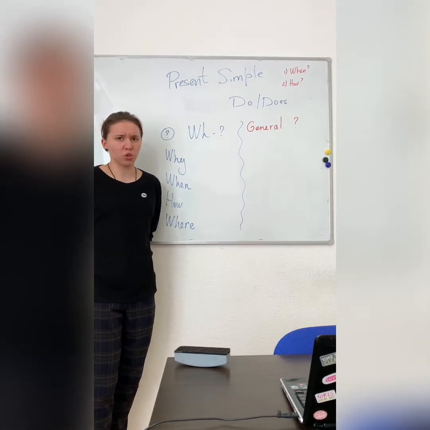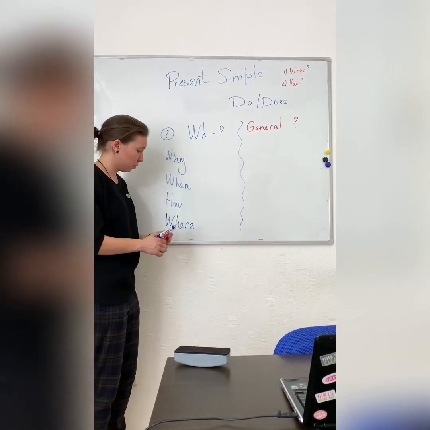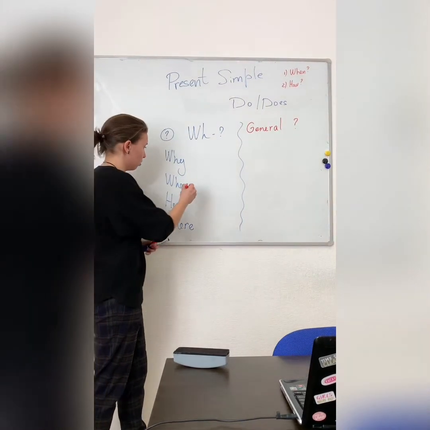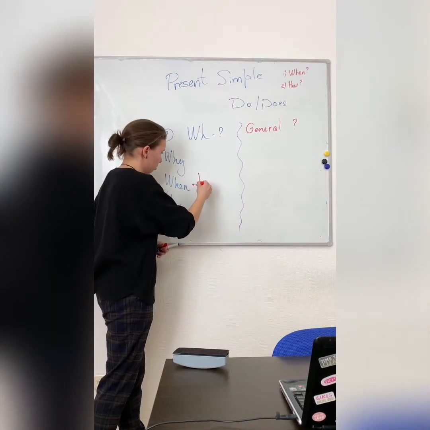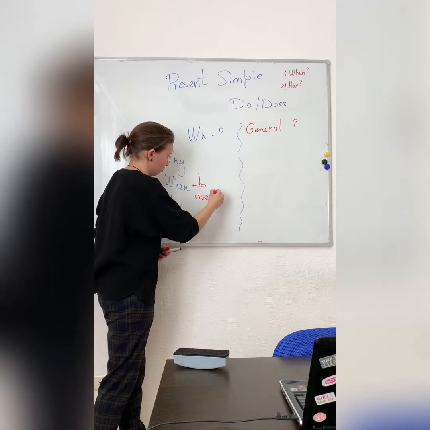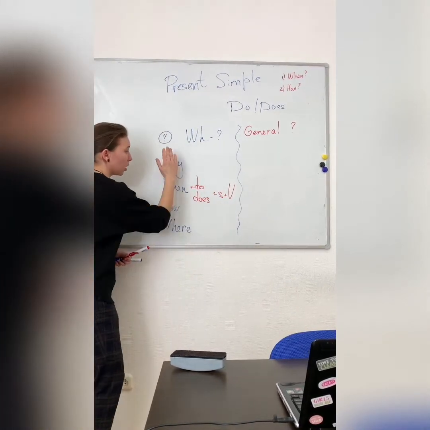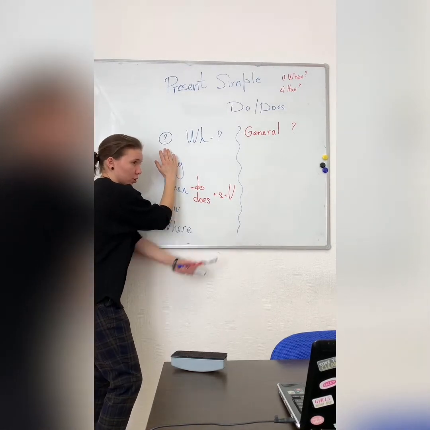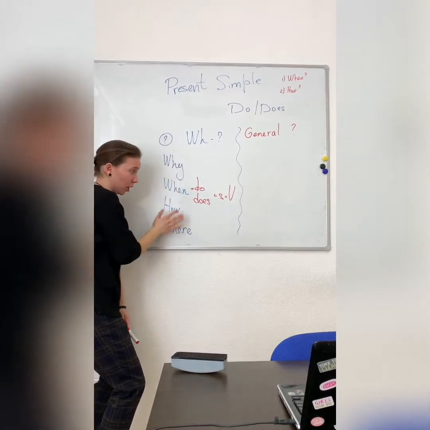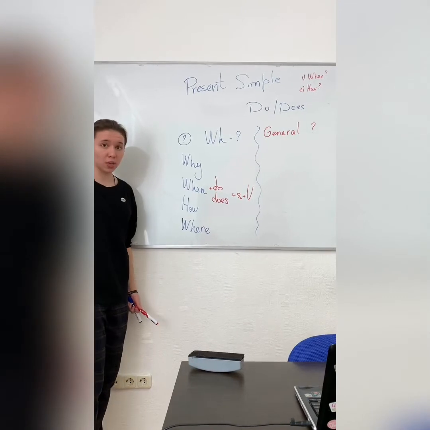Don't think that the structure is difficult. It's absolutely simple. It goes WH plus do, does, plus subject, plus verb. The same as general questions, but we put WH in front. That's super easy.